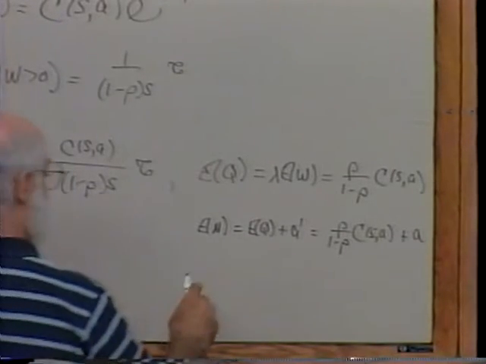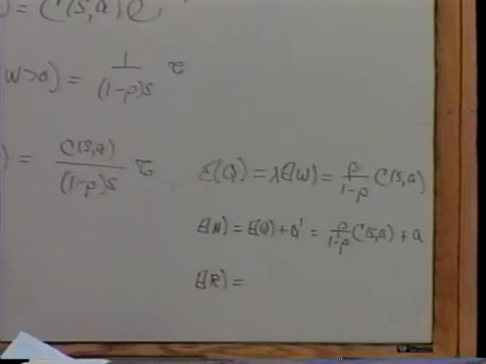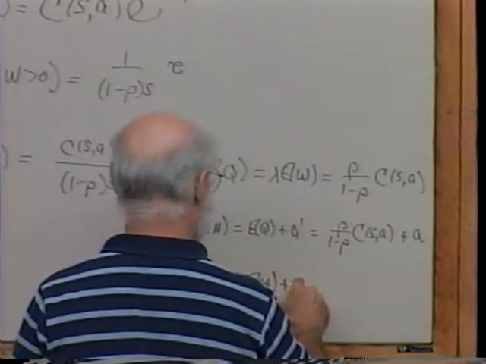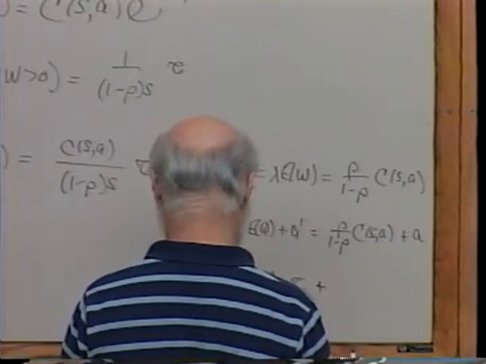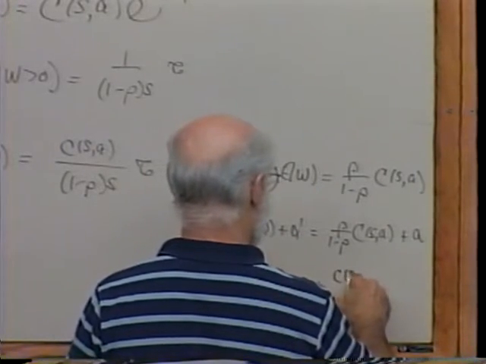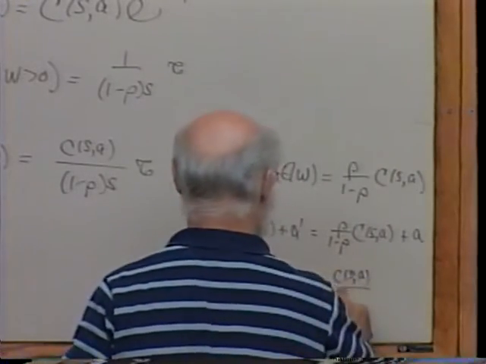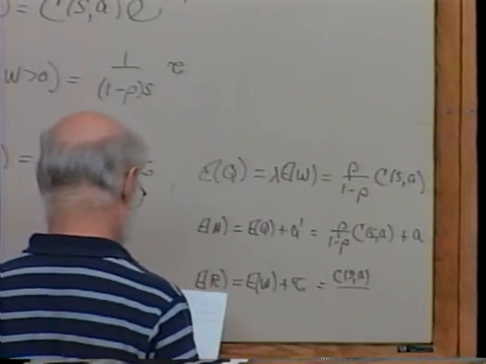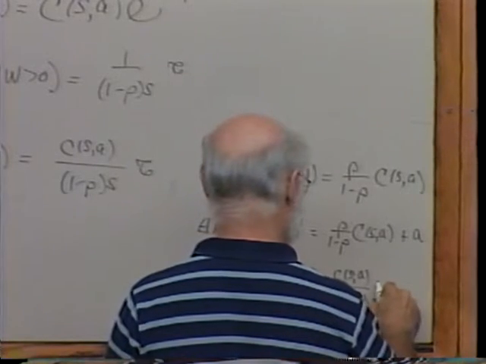What's the average value of the response time? Well, the response time is the waiting time plus the service time. So that's equal to EW plus tau. EW, of course, is equal to C of SA divided by 1 minus rho times S times tau.